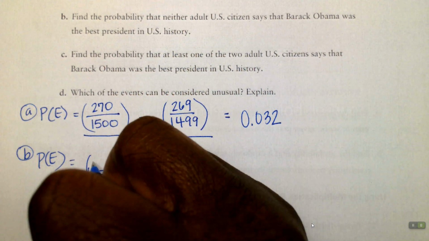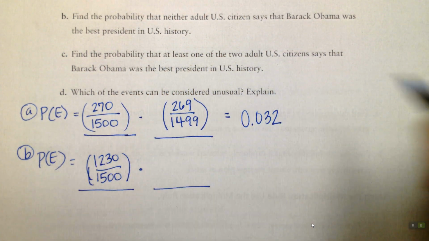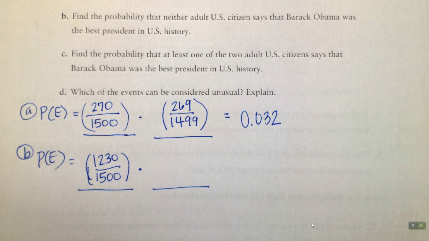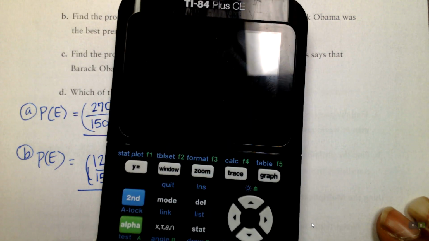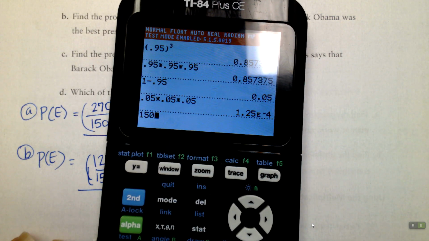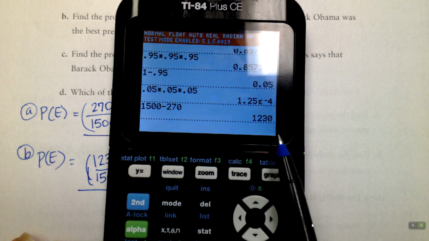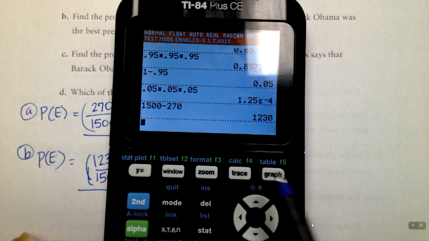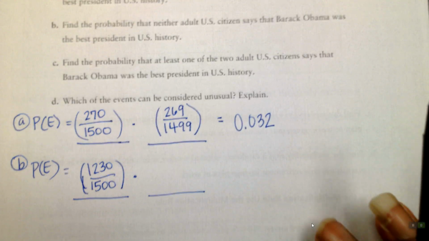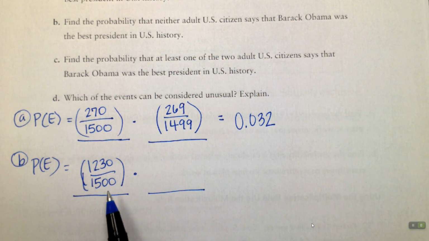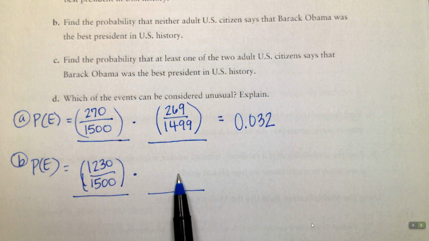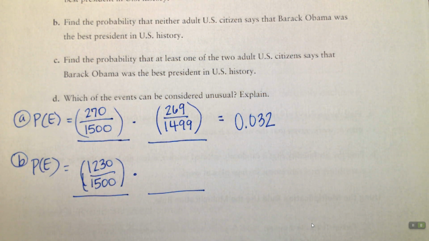Good. 1,230. So we got 1,500 people. 270 believe that he's a good president. That means 1,230 believe he's not the best president. So if this adult does not think he's the best president, the next one's the same. So we're going for the same pile again.